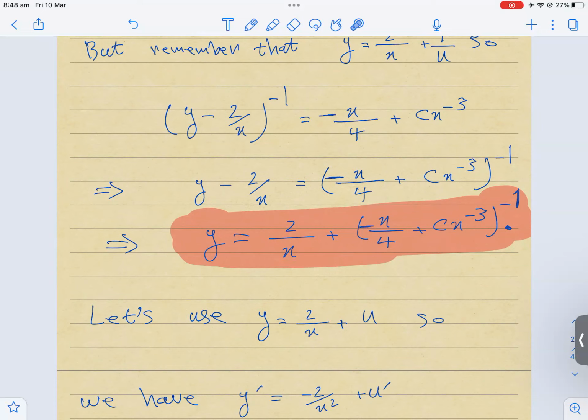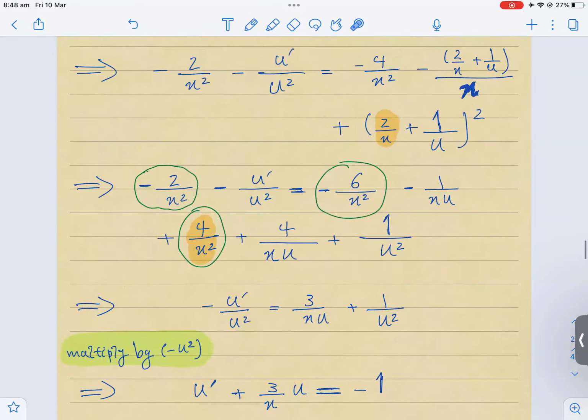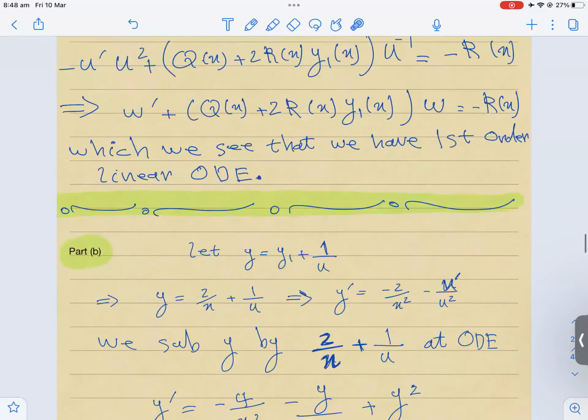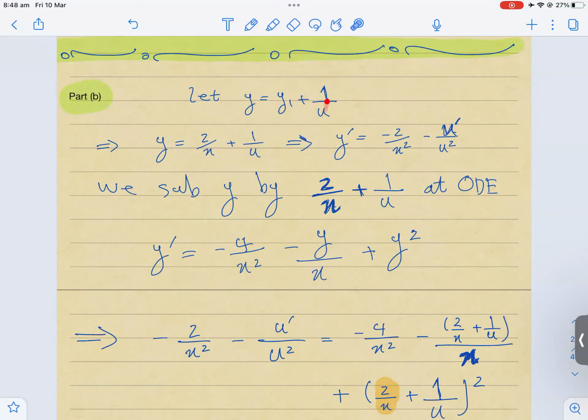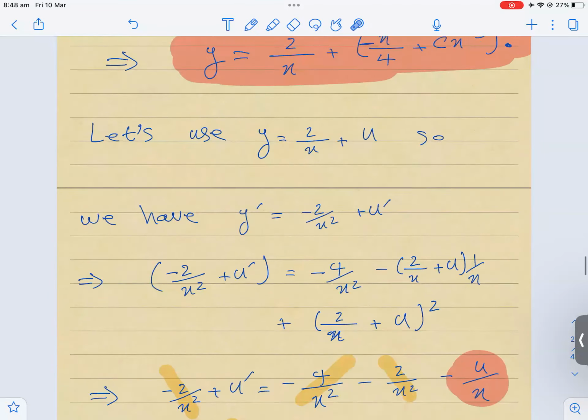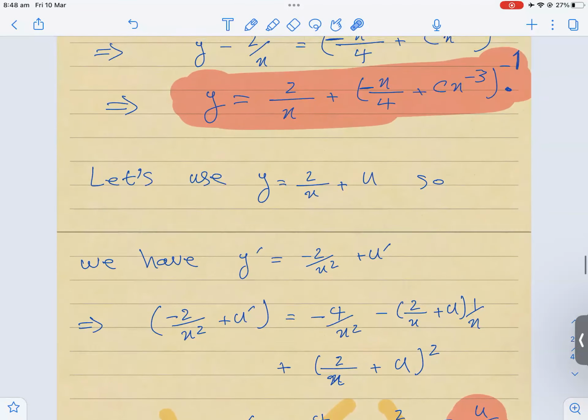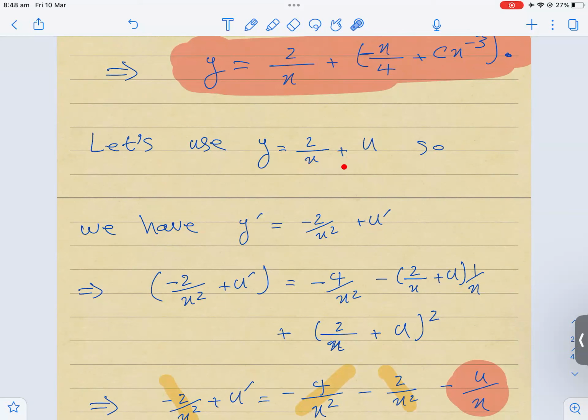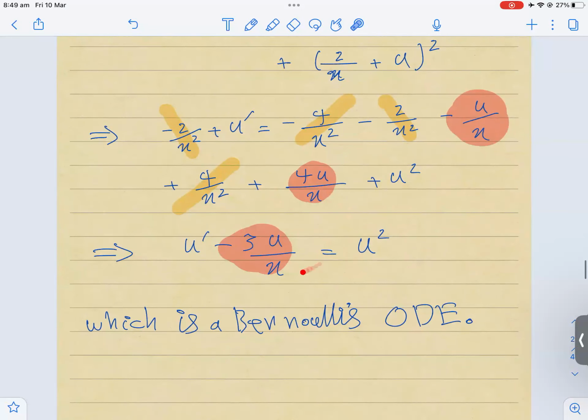But let's assume that we were lazy. Let's start so that instead of 1 over u, you can just use u. What will happen is this one. Set y equal to y1 plus u. So I will have y prime, then I will substitute everything, and u prime minus 3u over x will be equal to u squared.